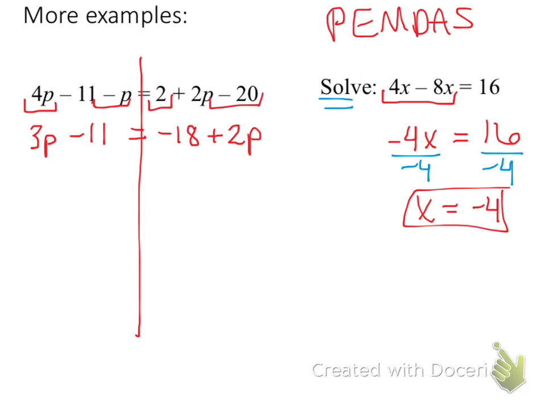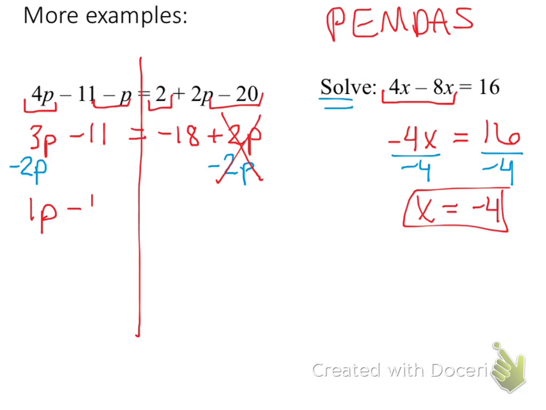Now I still have p's, more than one p, but they're on different sides of the equation. So because they are on different sides of the equation, I have to do the opposite operation to move it to the other side. So I'm going to subtract 2p from both sides. That makes this one disappear, and this one becomes 1p.